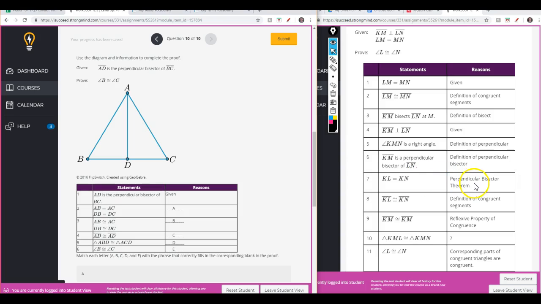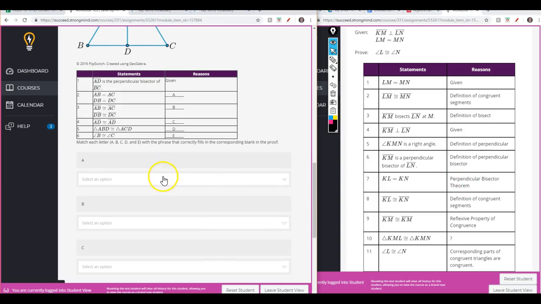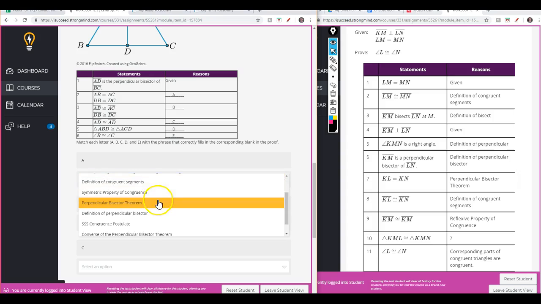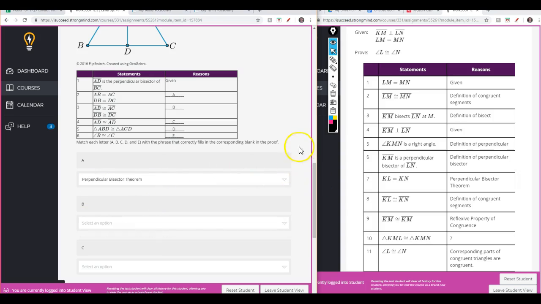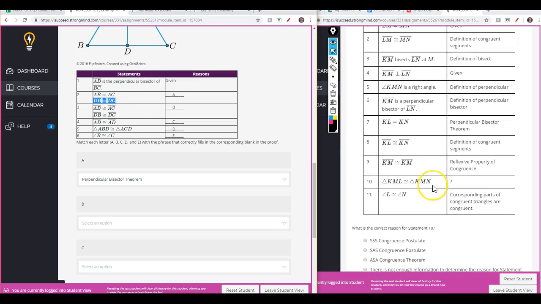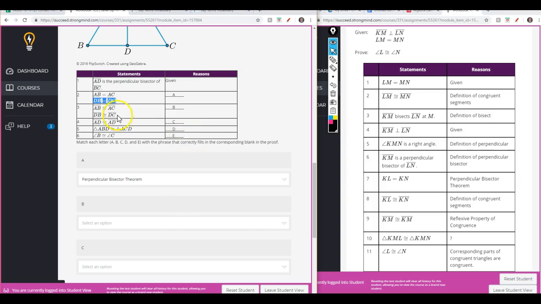This one gives us the perpendicular bisector theorem, proving that the distances are the same. Then it goes on, and they're just joining this DB equals DC all together. So that's okay. So segment AB is congruent to segment AC.